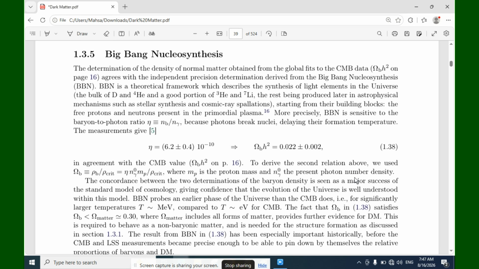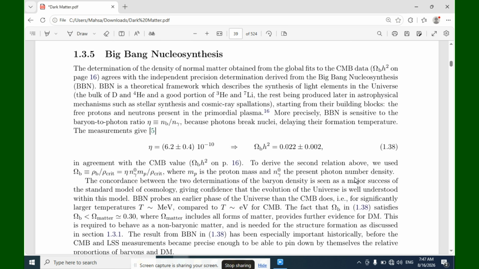The measurements give this equation: eta is equal to 6.2 plus or minus 0.4 times 10 to the power minus 10, which concludes that omega_b h squared is equal to 0.022 plus or minus 0.002, in agreement with the cosmic microwave background value.